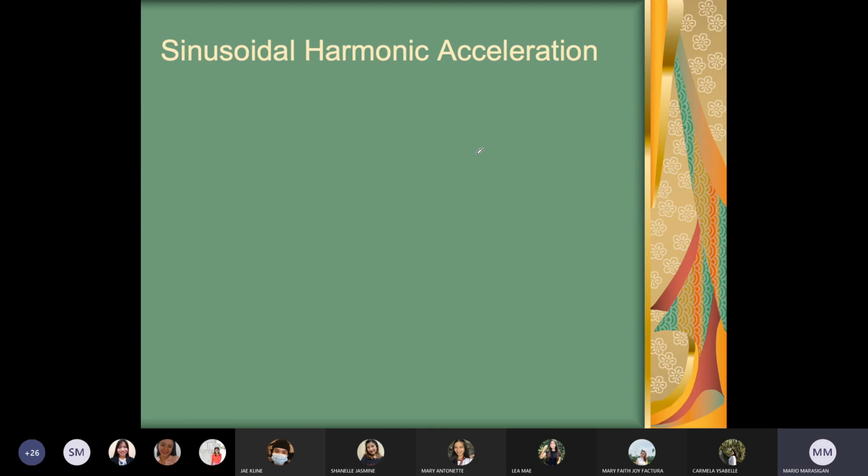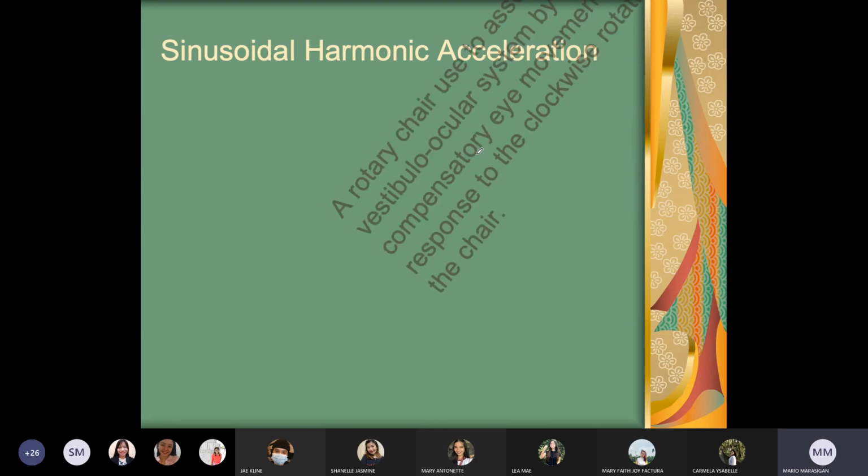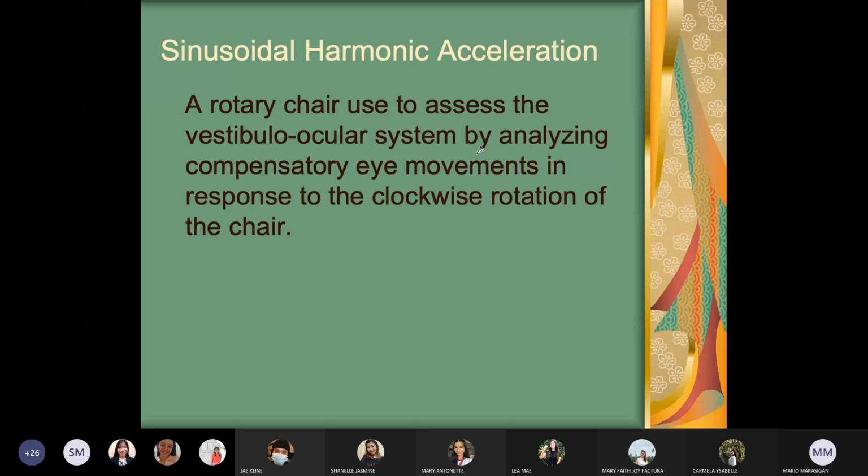Next is sinusoidal harmonic acceleration. It is a rotary chair which is used to assess the vestibulo-ocular system, okay, by analyzing compensatory eye movement in response to the rotation of the chair. So paupuin ka dun sa movable chair, yung naiikot, then they will observe for the eye movement.